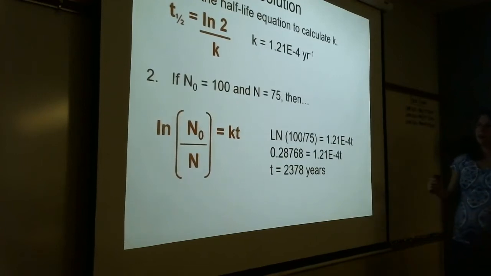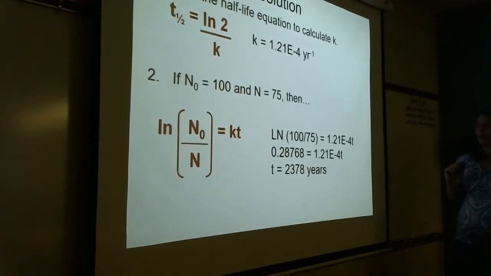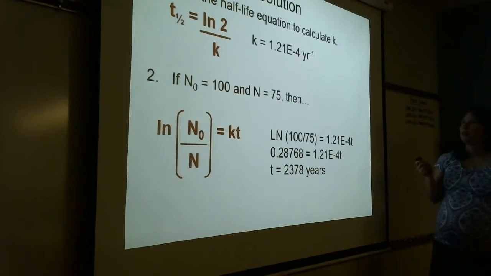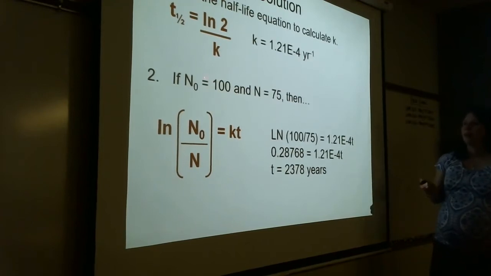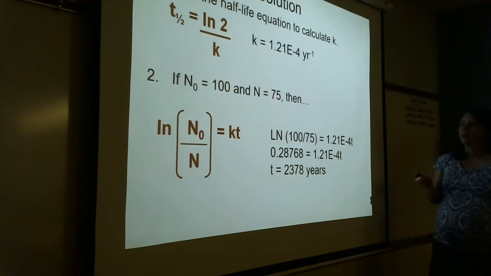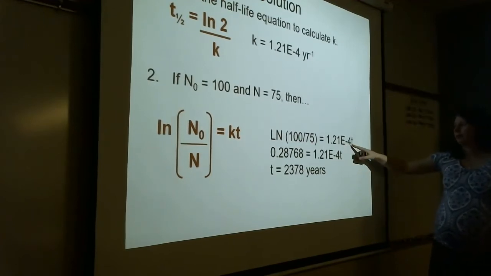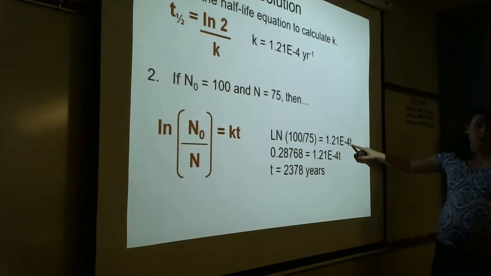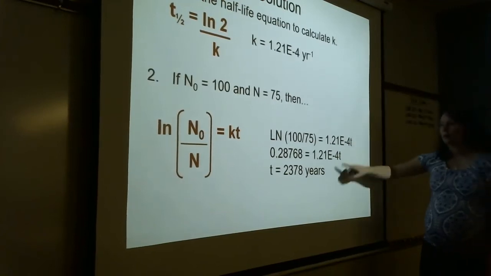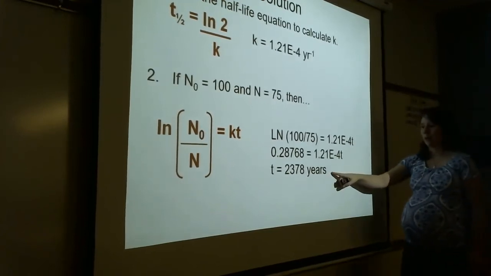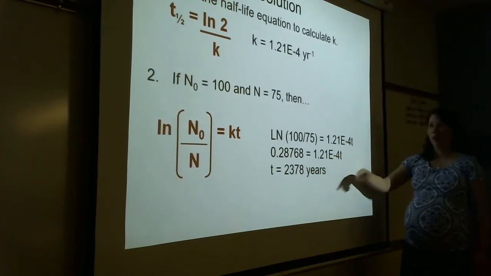And then we just solve using the method we've already discussed, right? Solve for K, and then initial mass is 100, mass at time in the future is 75, so the natural log of 100 over 75 is equal to K times T. T is what we're solving for, right? Time. So 2,378 years.